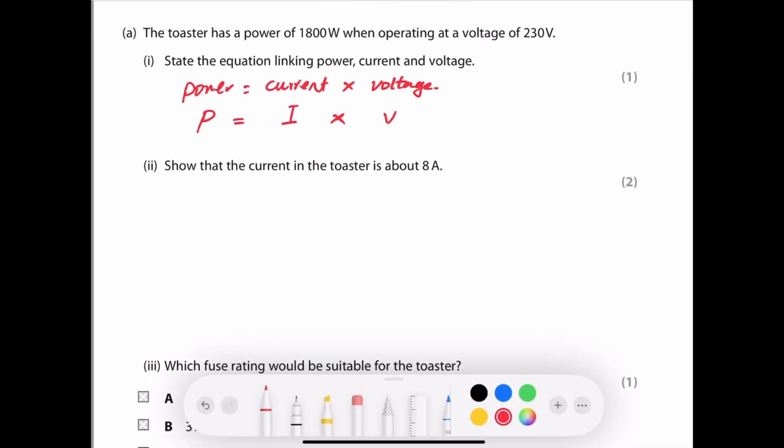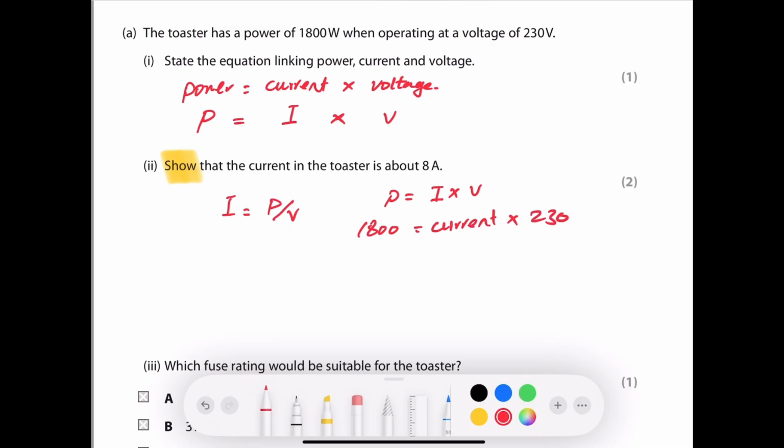For section 2I, show that, this is an effective and important keyword, the current in the toaster is about 8 ampere. How can I get this? I equals P divided by V, or power equals I times V. Okay, let me use P equals I times V. 1800 equals the unknown electric current times the voltage, 230.